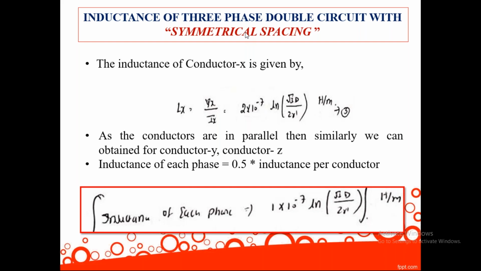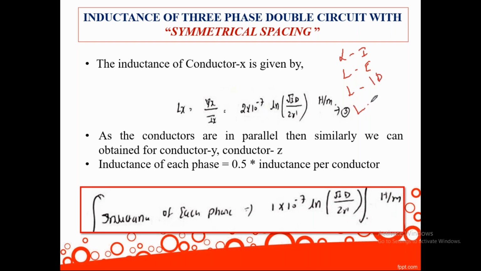Just keep practicing all the derivations we discussed until now. Let me remind you of the derivations we discussed until today. The inductance due to the internal flux, that is the first derivation. The inductance of a conductor due to the external flux, that is the second derivation. Next, the inductance of a single-phase two-wire line.